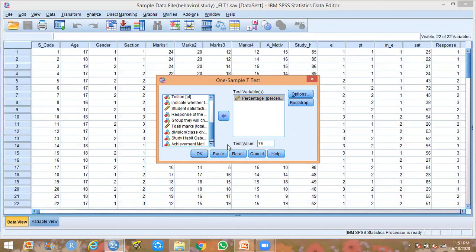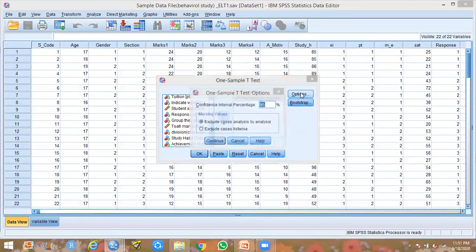Fine. Now options. What are the options here? Confidence interval is 95%. What is the meaning of this confidence interval? In order to test your hypothesis for your problem, your confidence level is 95%.